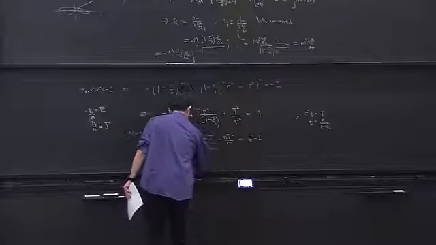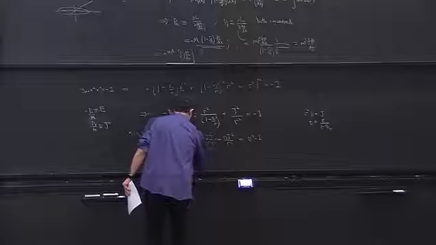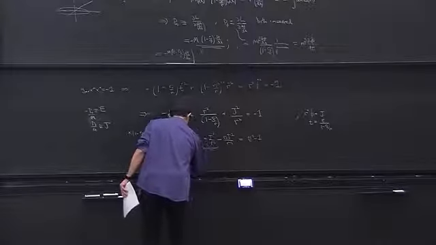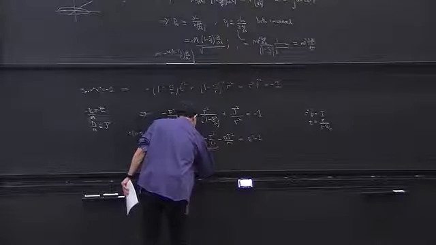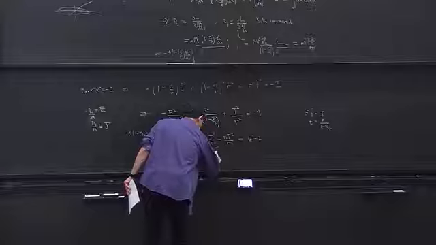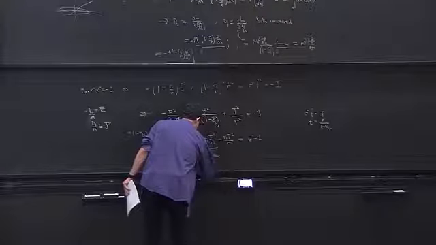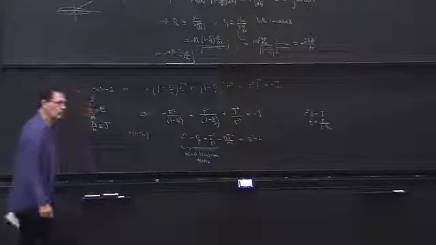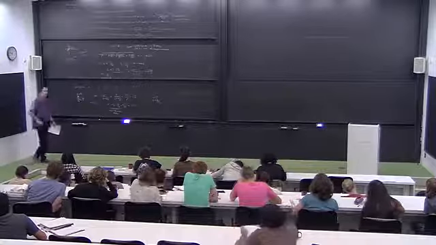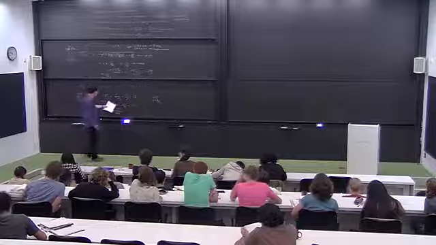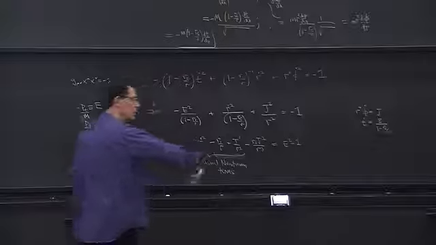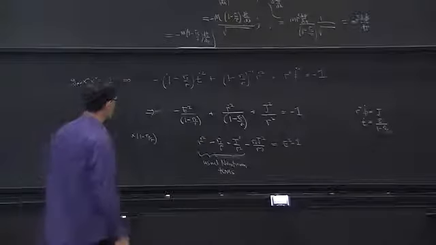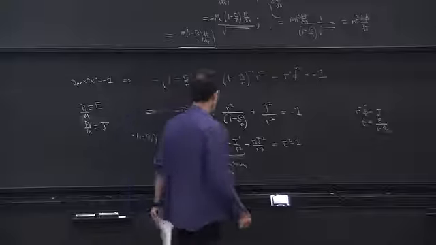Okay, so all these terms are just the usual Newtonian terms: the gravitational potential minus GM over r, and the angular momentum, the centrifugal force. But this is the new one.